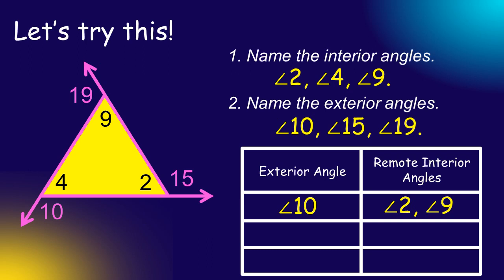How about the exterior angle, angle 15? What do you think are the remote interior angles? Very good. Angle 4 and angle 9. And for the last exterior angle, we have angle 19. What do you think are the remote interior angles? Alright, they are angle 2 and angle 4.